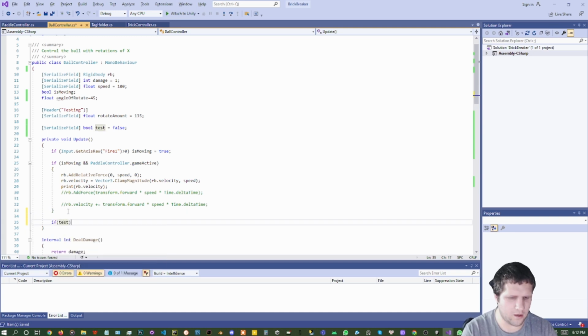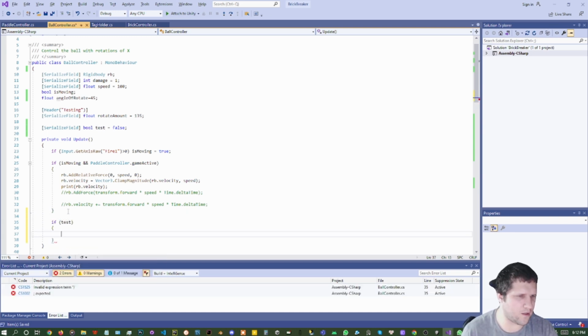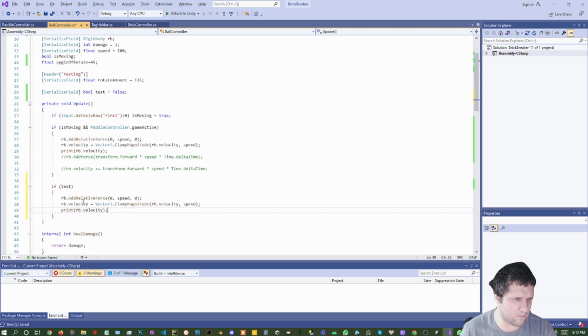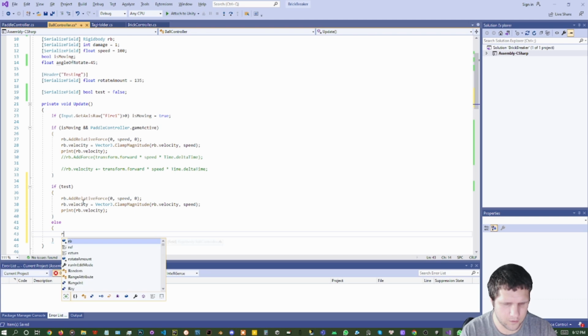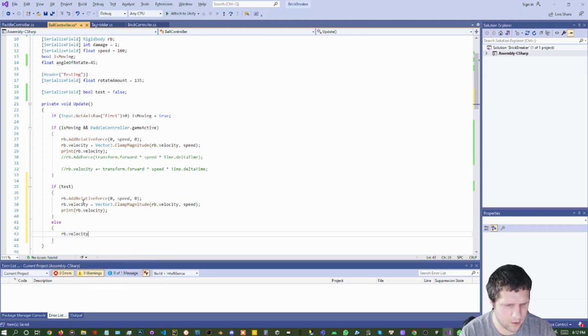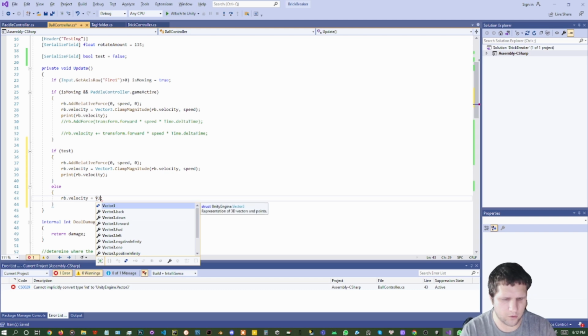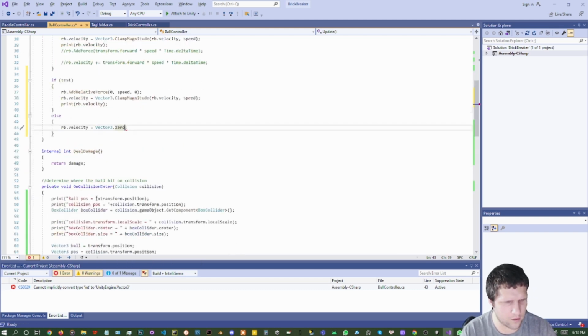Then we say if test, else RB dot velocity equals vector 3 dot 0.